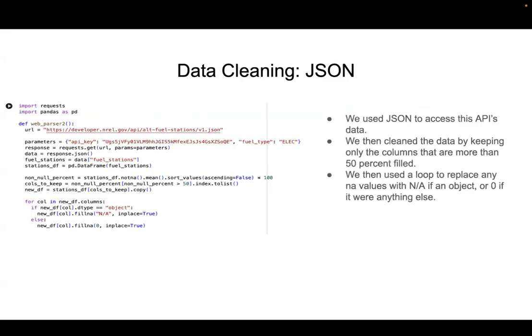For the JSON, we needed to load the API keys and request the JSON, and then we only kept columns that were more than 50% filled, so that we didn't have too many empty values. Then we used a loop to replace any NaN values with NA or zero, depending on whether the data type was an object or not.